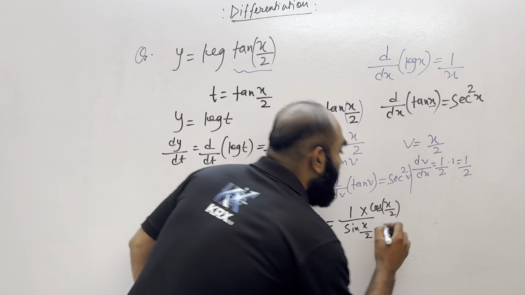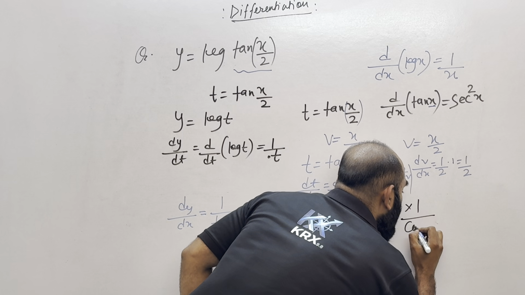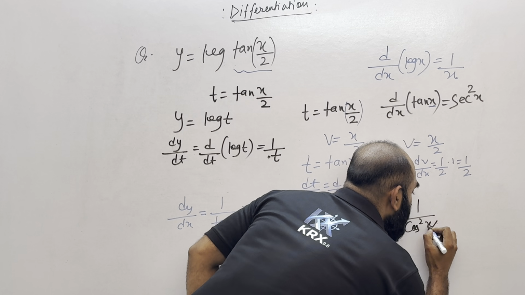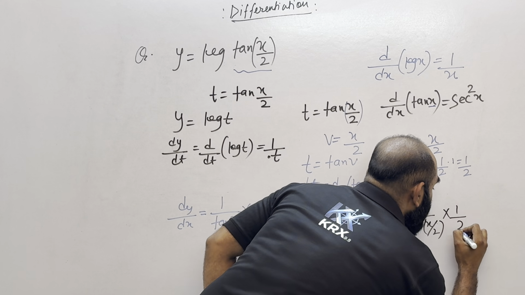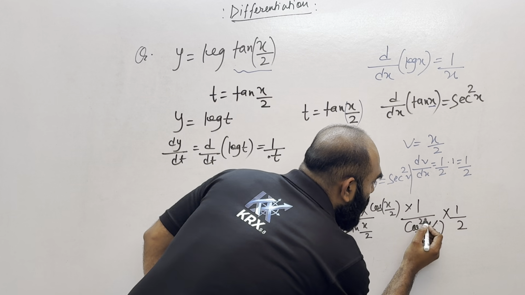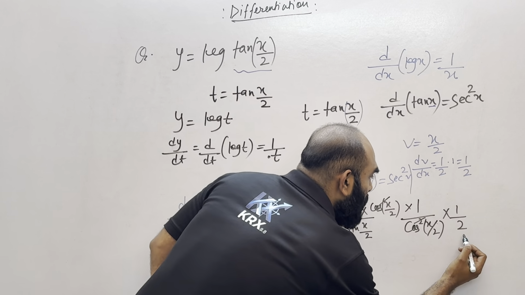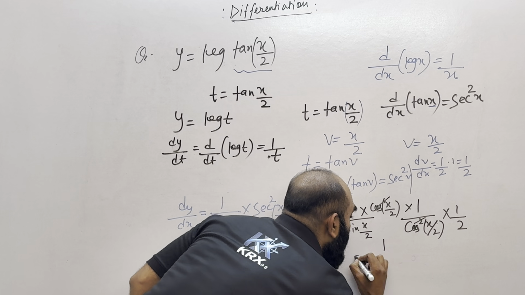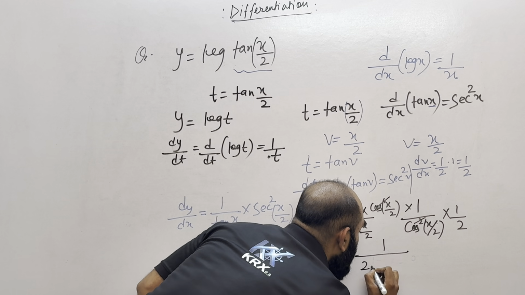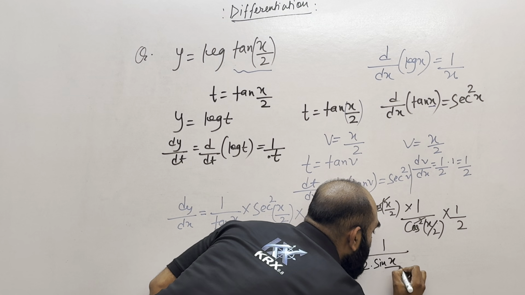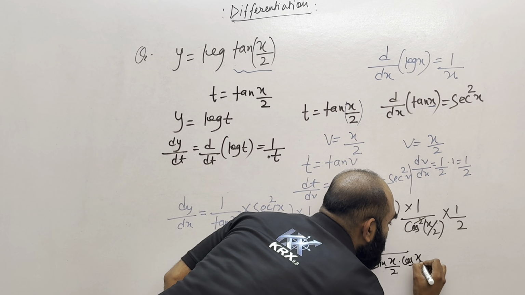So this I can write as 1 by cos square x by 2 into 1 by 2. We can see, 1 cos cancel. And we have 1 by 2 sine x by 2 into cos of x by 2.